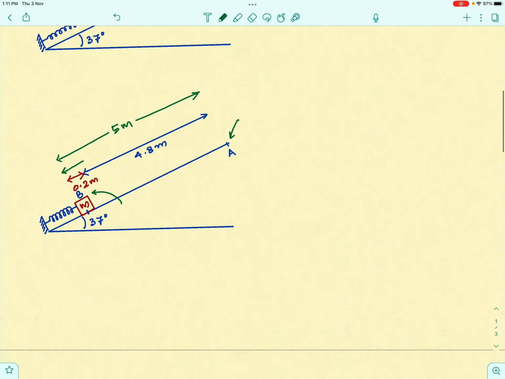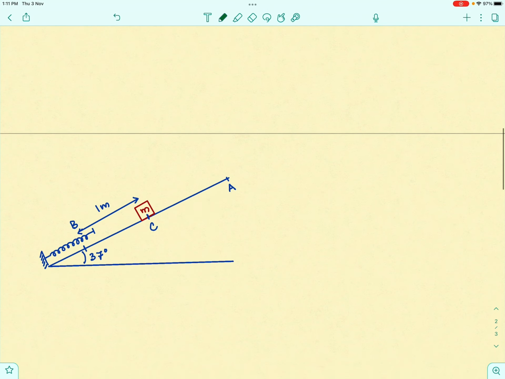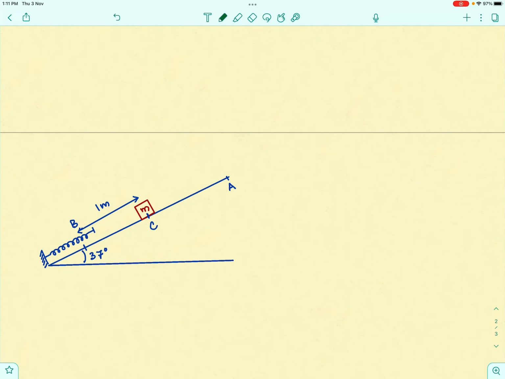Now, after this point, the spring will push the block back up along the incline, and as the block moves up, it is only able to travel a distance of 1 meter from the position B, from where it started off, and when it reaches this position C, 1 meter above the point B on the incline, it once again stops momentarily.